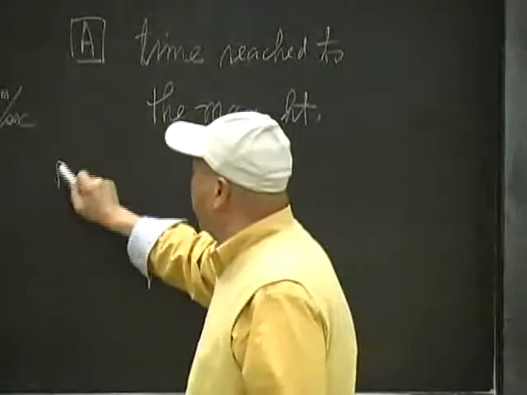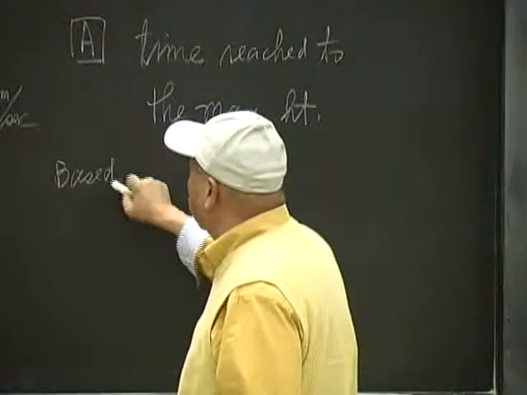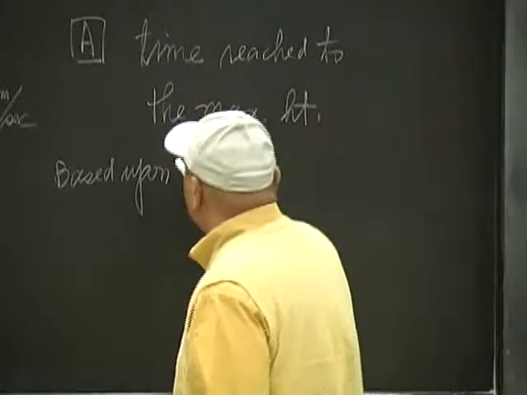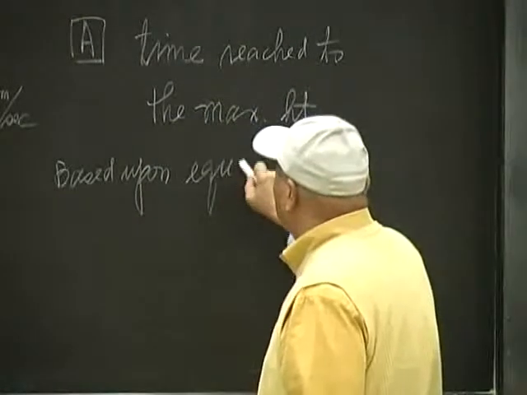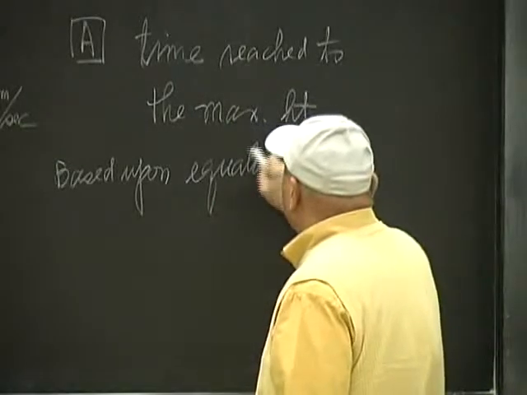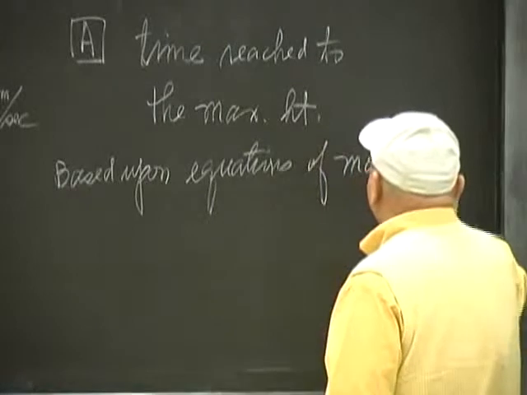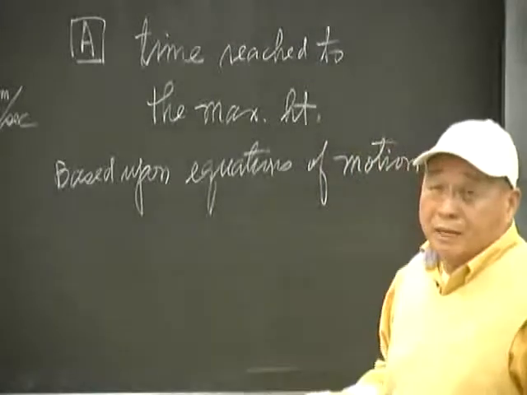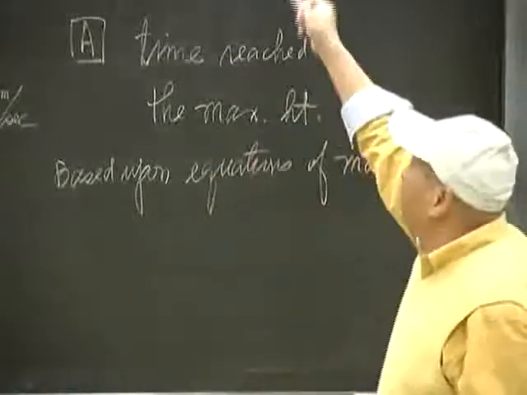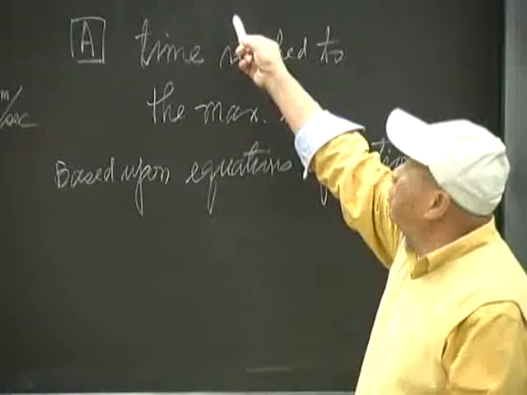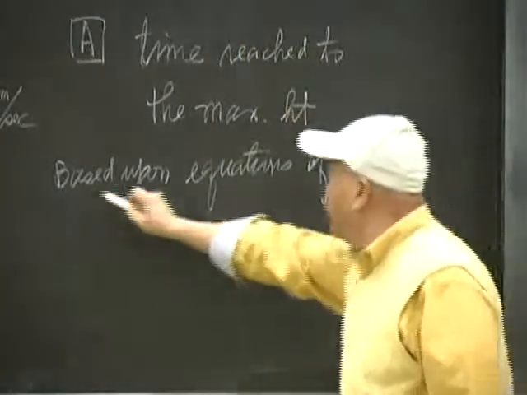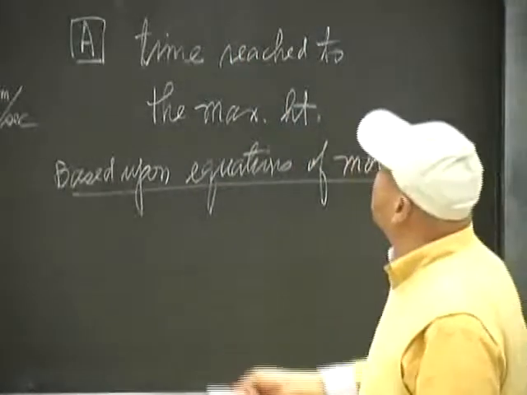We say based upon the equation of motion. Ladies and gentlemen, you should always give somebody some credit. That means the development is by the both of them, based upon the equation of motion.